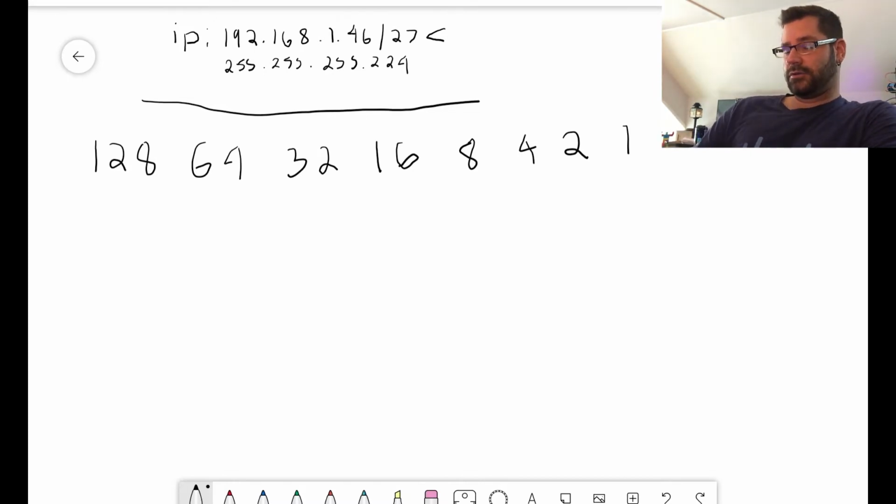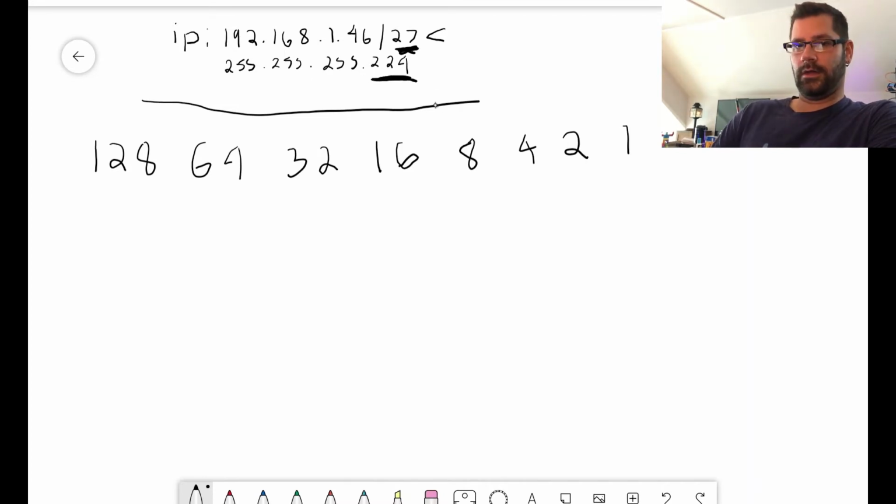Okay, so we have our chart at the top, so 128, 64, 32, 16, 8, 4, 2, 1. And what we need to do is find our increment. So if we look up here, this IP address is a /27 in CIDR notation. If you don't know what it is in CIDR notation, then you would look at the subnet mask and you see this 224 here.